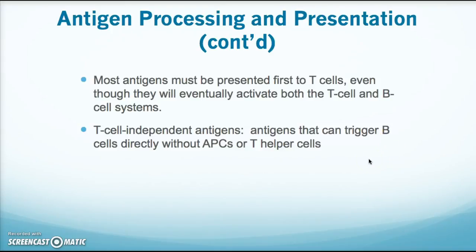T cell independent antigens can trigger B cells directly without the APCs or T helper cells. These would be ones that don't bond a T helper cell, or haven't gone through antigen presenting, but have gone directly to the B cell and triggered it. We'll look at that when we talk about B cells and how they get triggered.